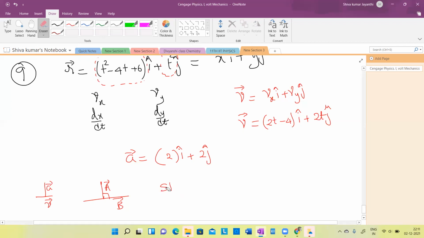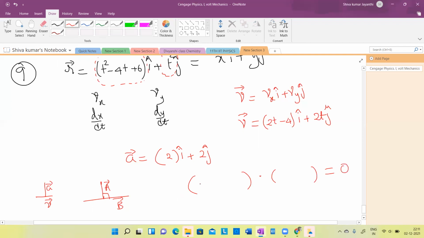What is the meaning of that? Tan theta is tan 90, which is 1 by 0. So it's nothing but simply the vector dot product. The vector dot product is going to be 0. That is the meaning of it.